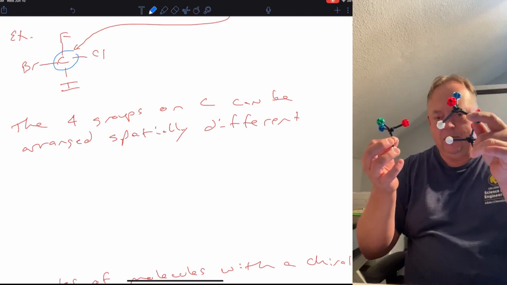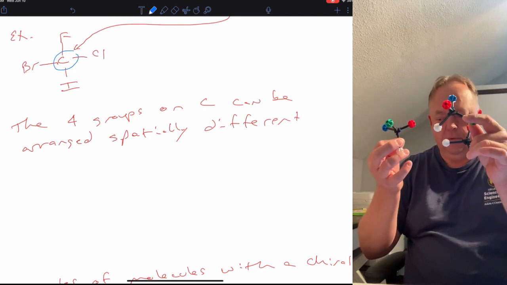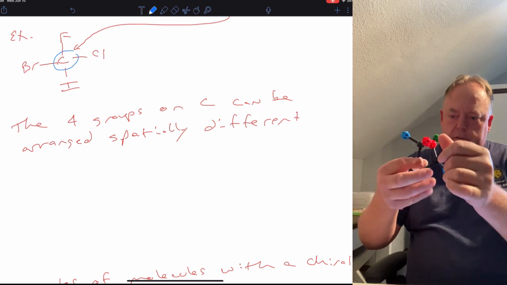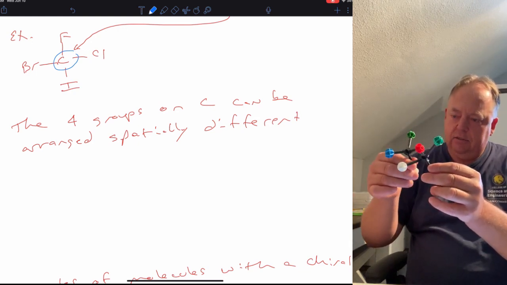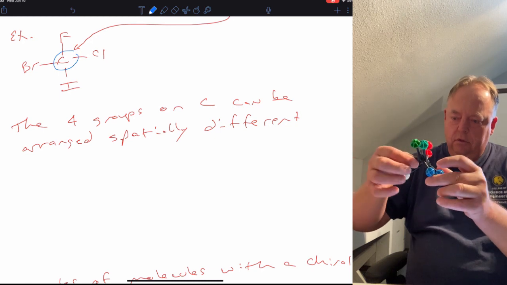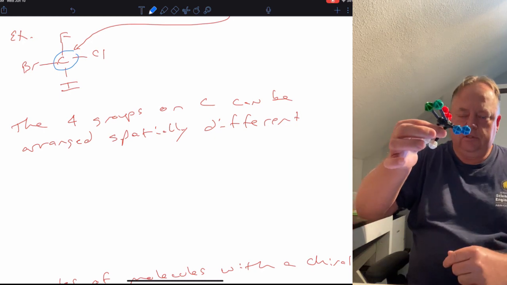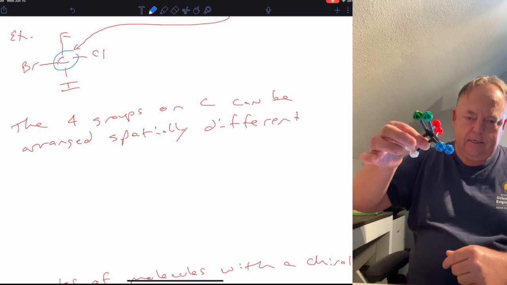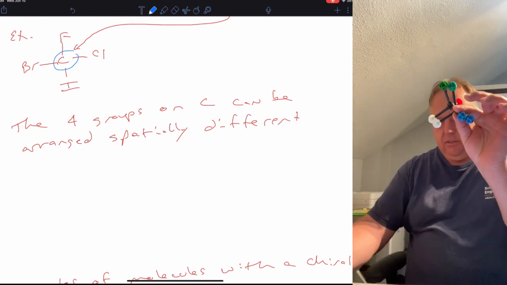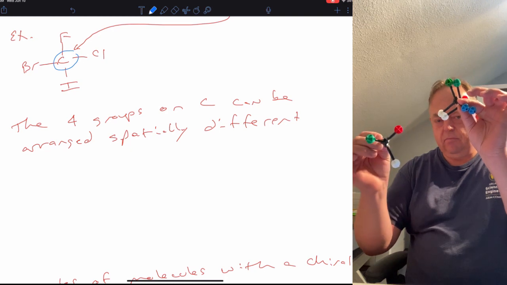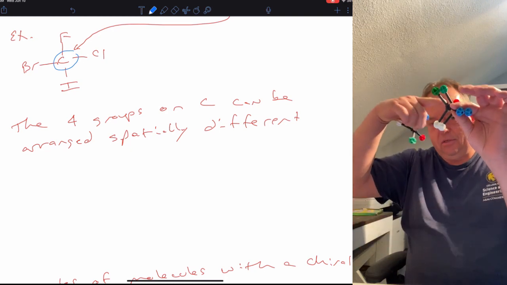So of these 3 molecules, 2 of them must be the same. Let's see, are these 2 the same? If I make 2 of these match, then you can see that all 4 of them match. The blues match, the reds match, the greens match, and the whites match. If I grab the 3rd molecule, this 3rd molecule is different than these 2 because these 2 are the same.